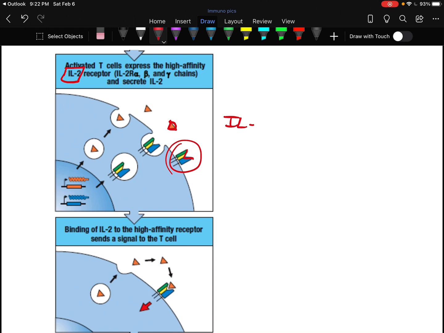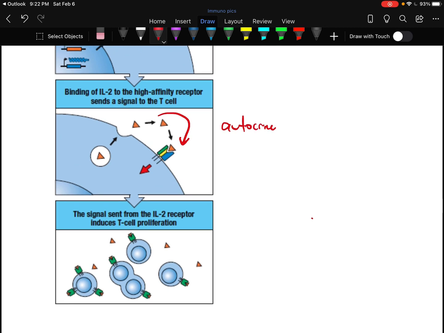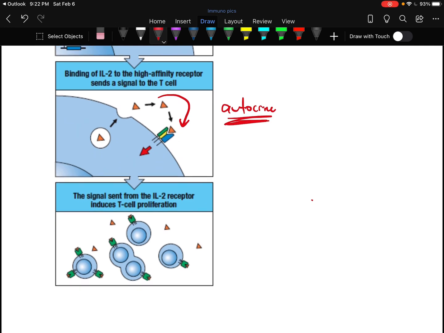So interleukin-2 is secreted, and then it is received by the high affinity interleukin-2 receptor, just like this. And this is an autocrine phenomenon. So the T cell releases its own cytokine that is then received by its own receptor, and this is an autocrine reaction. But also this interleukin-2 that's being released can also have a paracrine reaction.